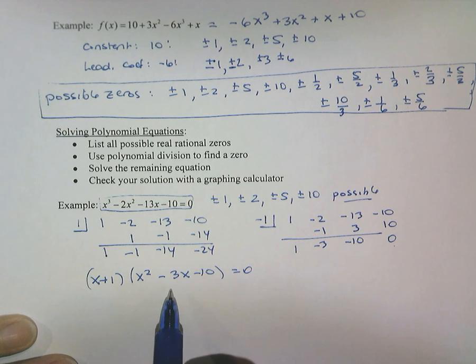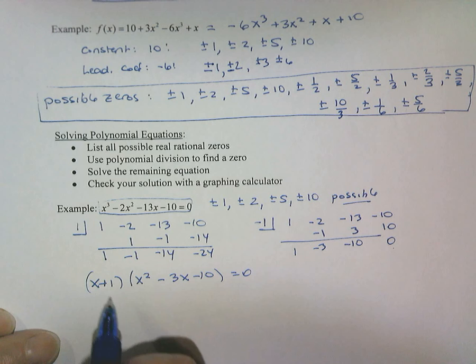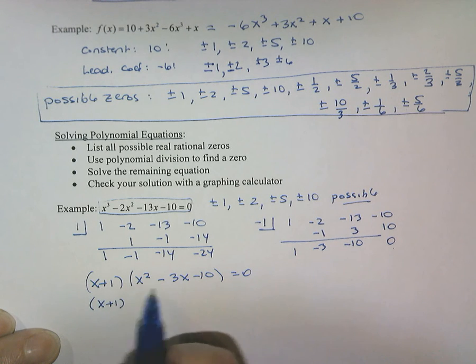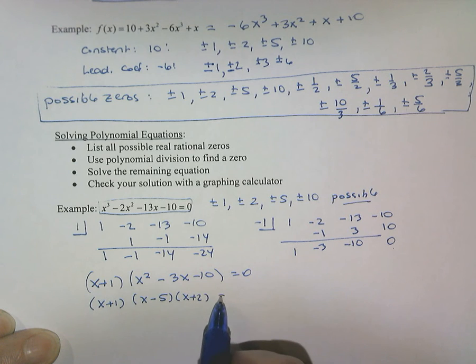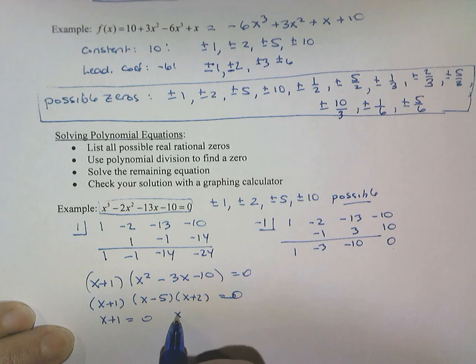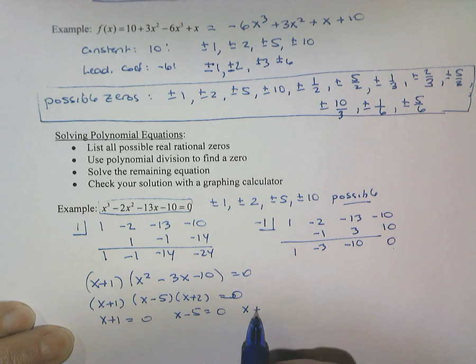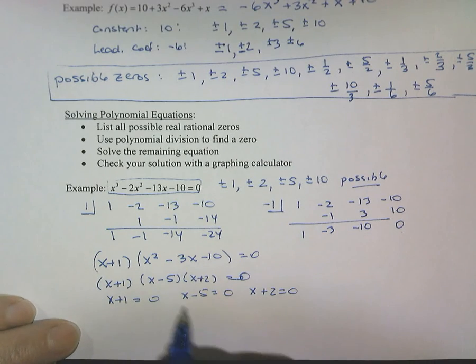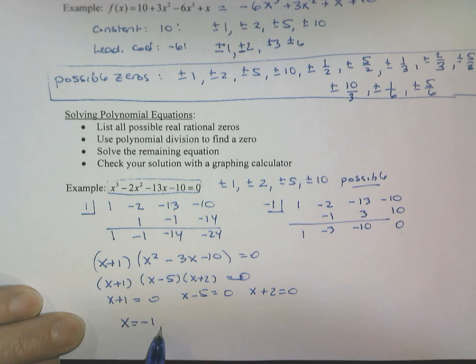This particular problem, I made it so it can be factored. So I'm going to go ahead and factor. So this will factor into x minus 5, x plus 2 equals 0. So I get, set each factor equal to 0. And my solutions are going to be x equals negative 1, 5, and negative 2.